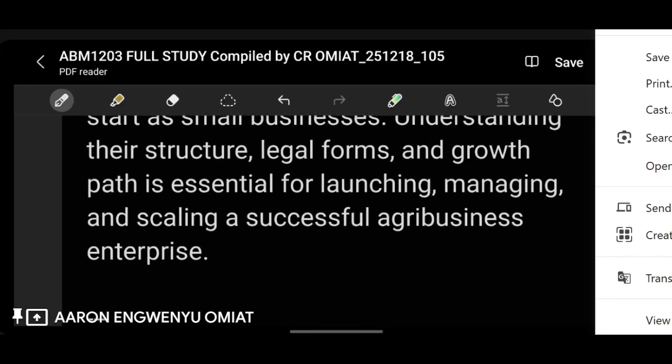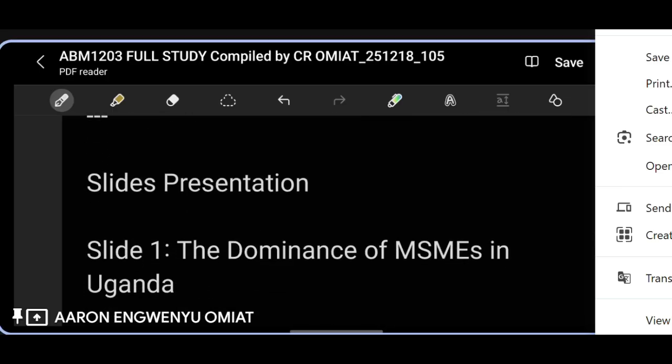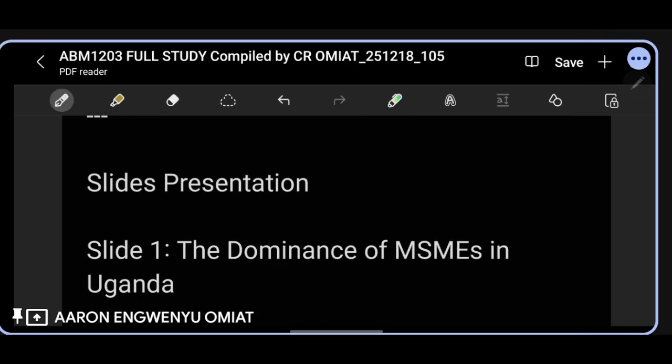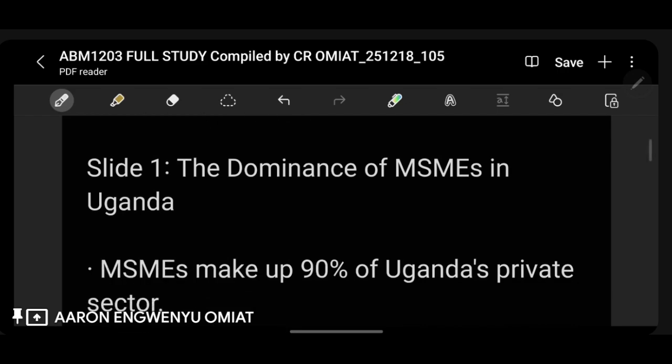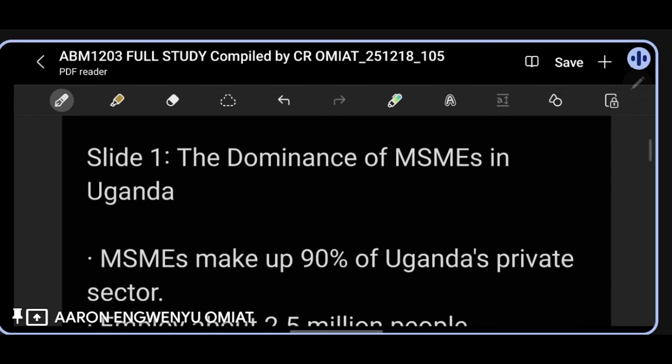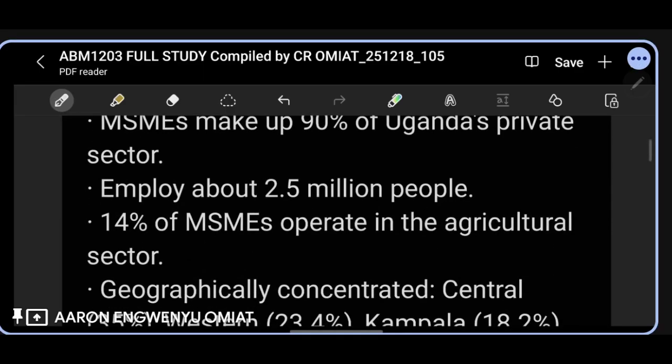To begin with, we want to understand the dominance of MSMEs in Uganda. MSMEs make up 90% of Uganda's private sector. They employ about 2.5 million Ugandans, and 40% of MSMEs operate in the agriculture sector.